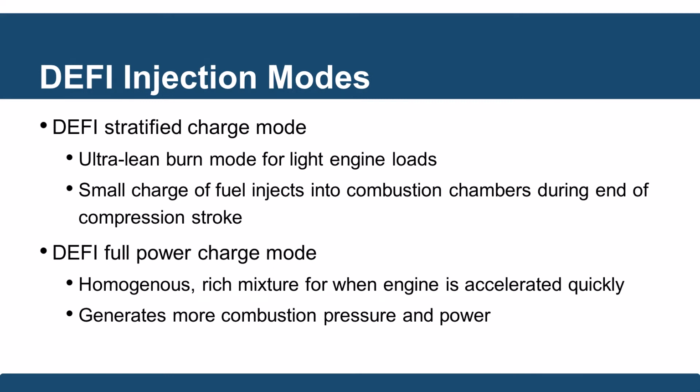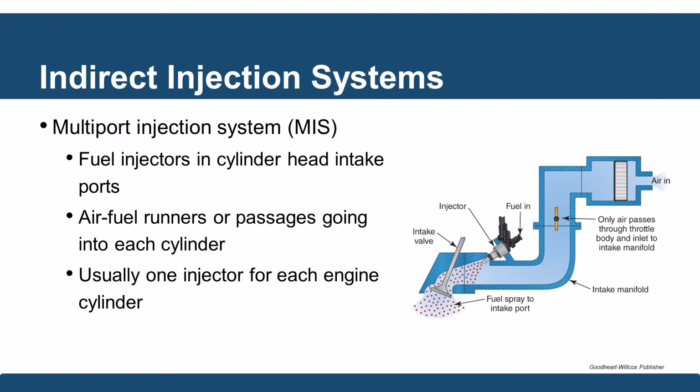In the stratified mode, we're using light, ultra lean amounts of fuel that are being added into the combustion chamber. And in the full power charge mode, we can actually add larger amounts of fuel, up to 3, 4, 5 pulses a combustion stroke if needed. With the counterpart indirect injection systems, or multi-port injection systems, there are fuel injectors in the cylinder head intake ports.